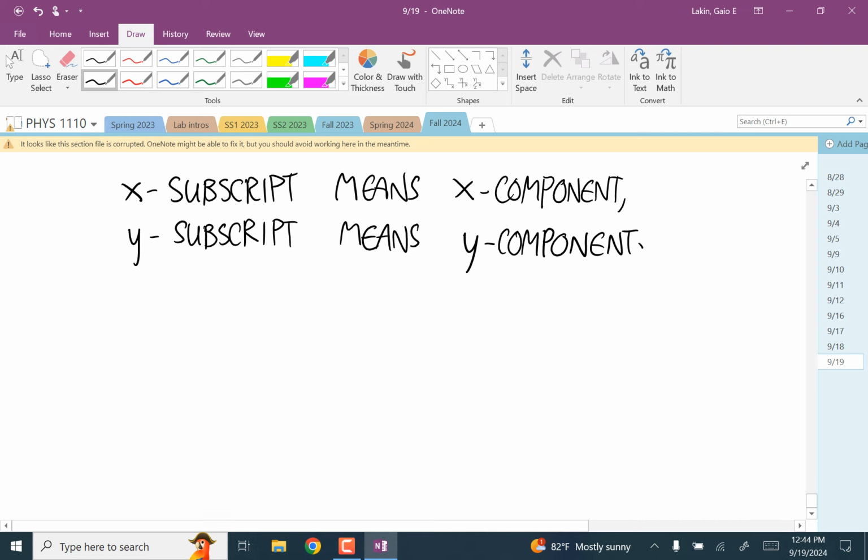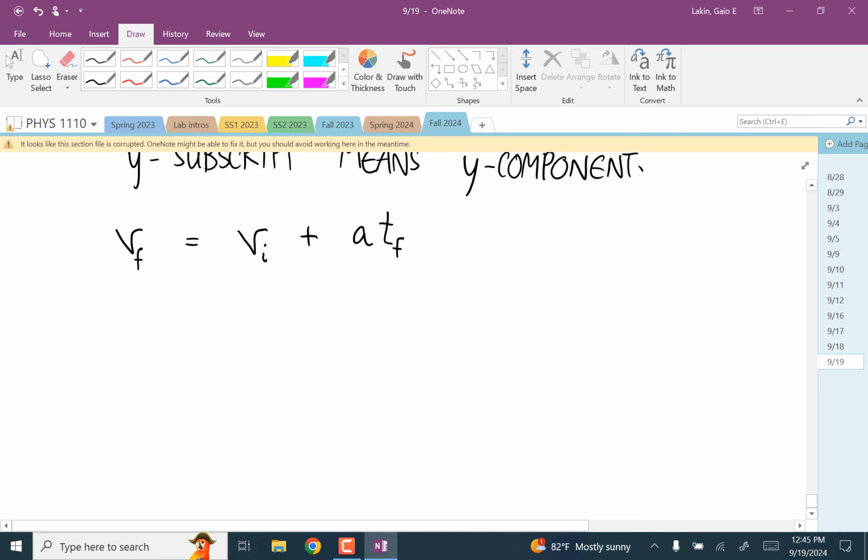I'm going to start out by writing the three that we had for 1D. So V final is equal to V initial, and I'm spreading them out because I'm going to put some extra subscripts in, so leave space. V initial plus A times time final. And then leave space for one more equation.